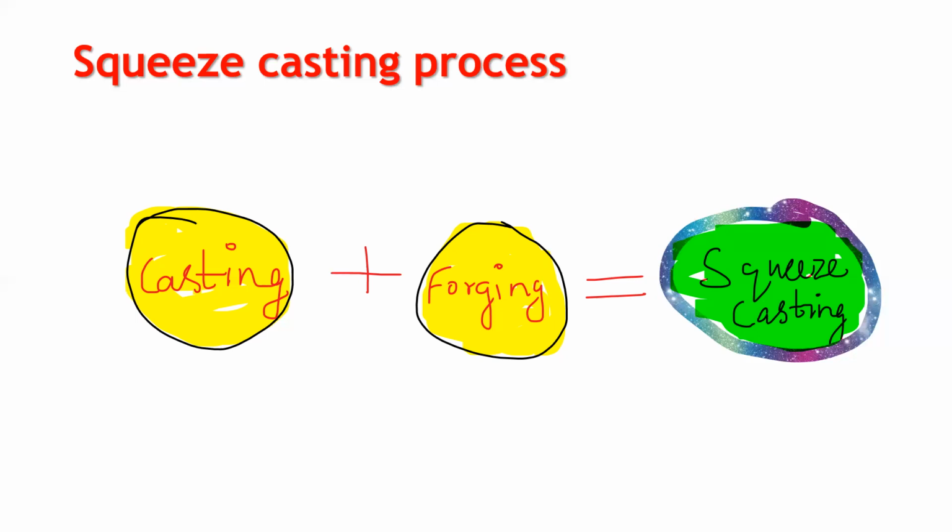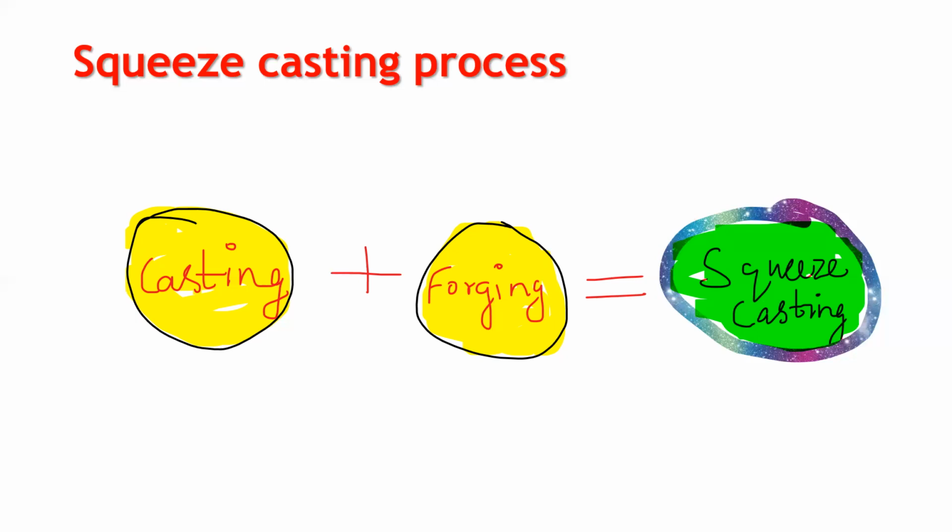The squeeze casting process comes under the permanent mold casting process, and this process is similar to the die casting process. If you combine the casting process and the forging process, we get the squeeze casting process, and this process has many advantages.